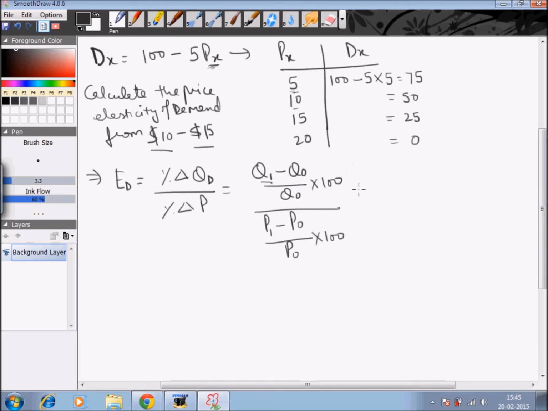So substituting the values in the equation, in our example, the initial price P0 was 10. After the change, the price P1 is 15. Likewise, the initial quantity demanded Q0 was 50, and after the change, the quantity demanded Q1 is 25.